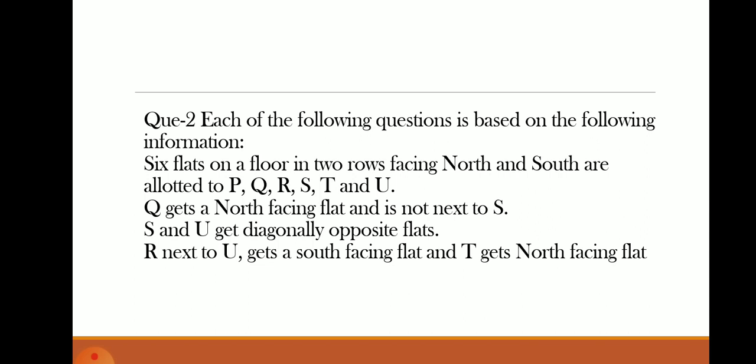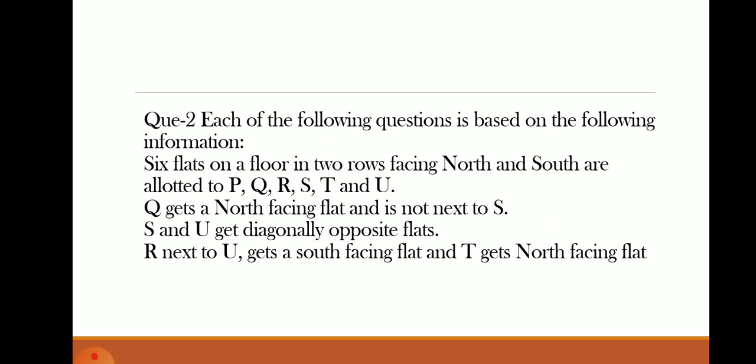So the second question is, each of the following questions is based on the following information. 6 flats on a floor in 2 rows facing north and south are allotted to P, Q, R, S, T, U. That means 6 flats are there facing north and south, allotted to P, Q, R, S, T, U persons.